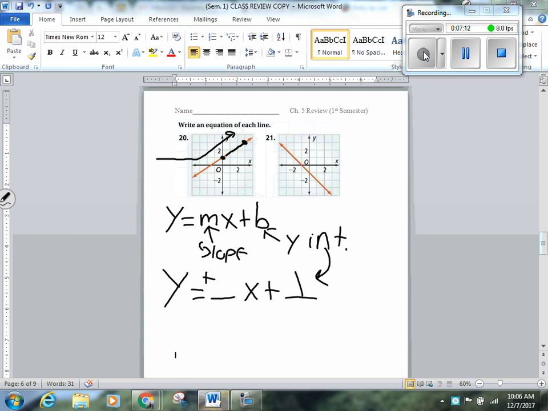And how do I get from one point to the other? I have to go up how many stairs? 1, 2. So 2 is my top number. And I have to go over 1, 2, 3. That's my bottom number. So over here, I went up 2. This spot, I went over 3. And here is my final equation.